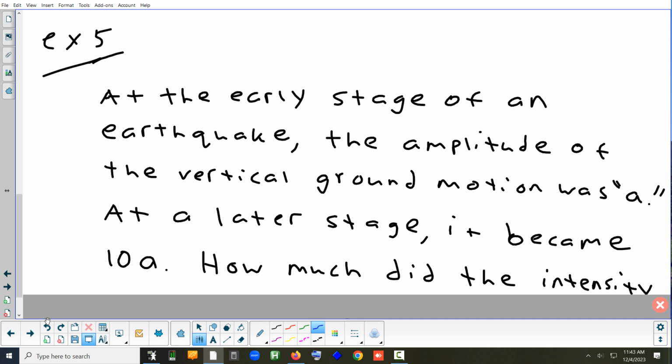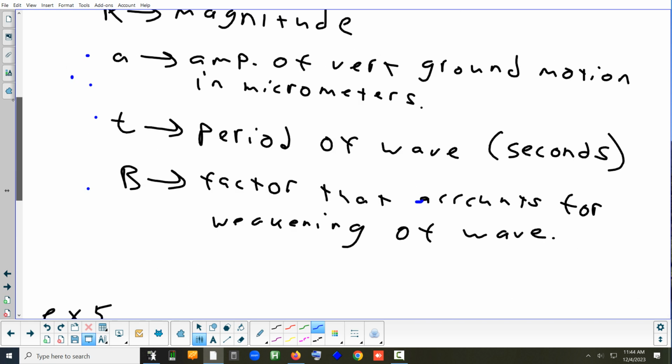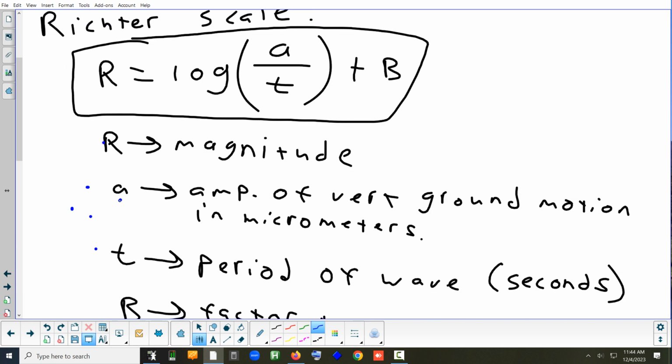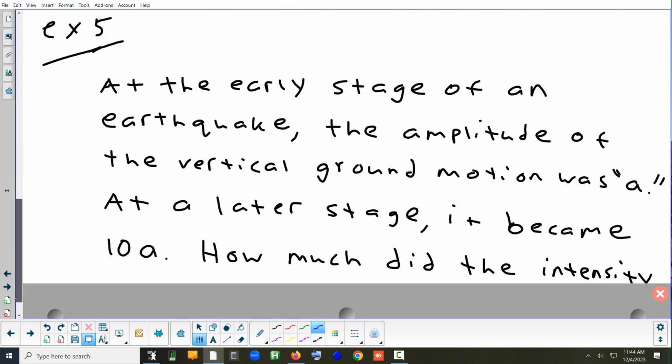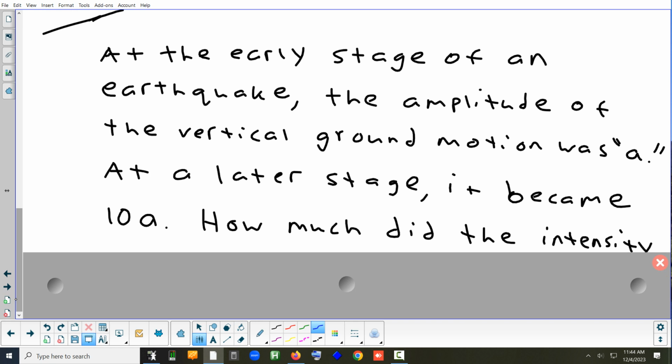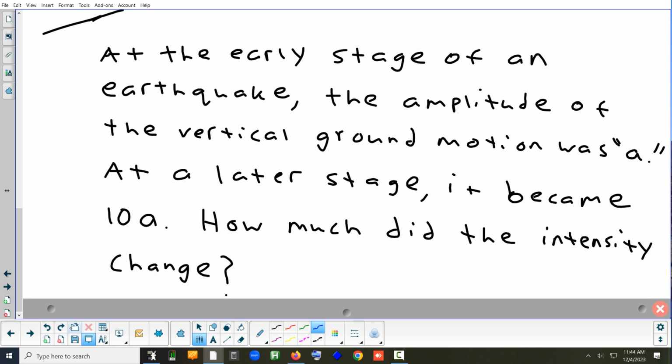The vertical ground motion changed to 10A. What I want to know is, what is the change in the intensity? What is the change in R if A increases 10 times as much? And what is the change in the magnitude if the ground motion becomes 10 times as much? Is R 10 times as much? That's what we want to see.